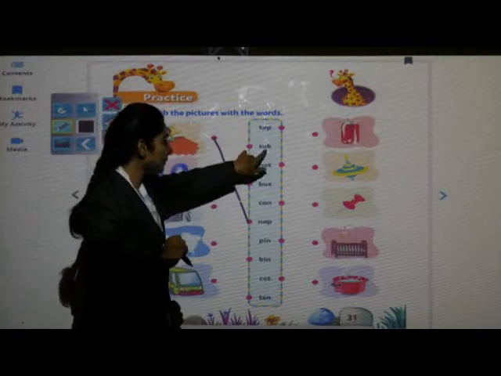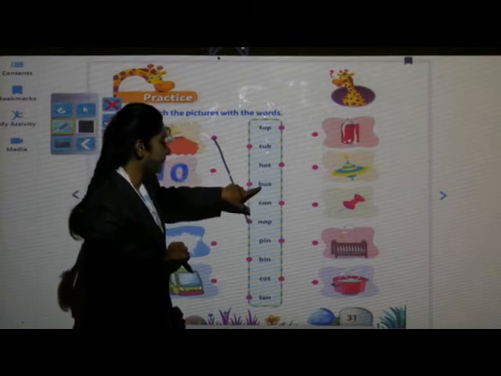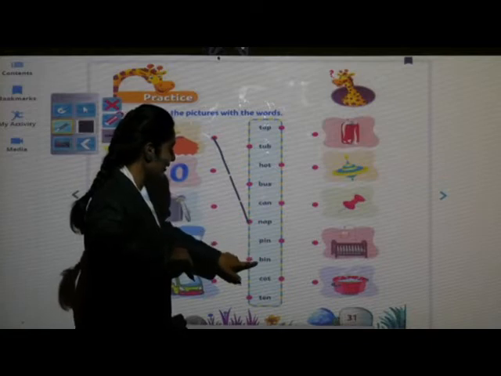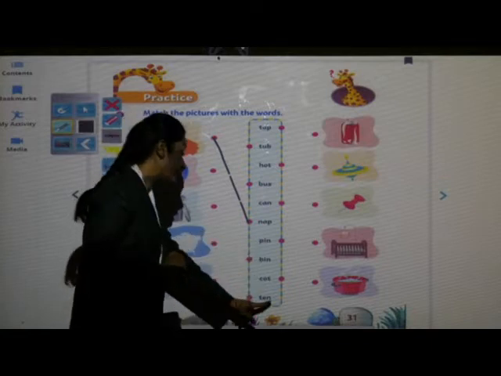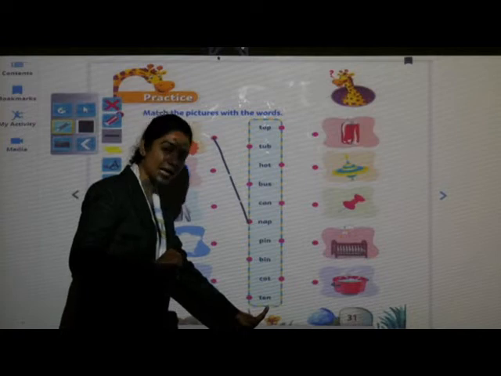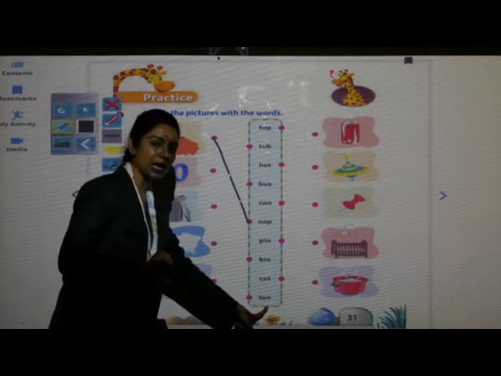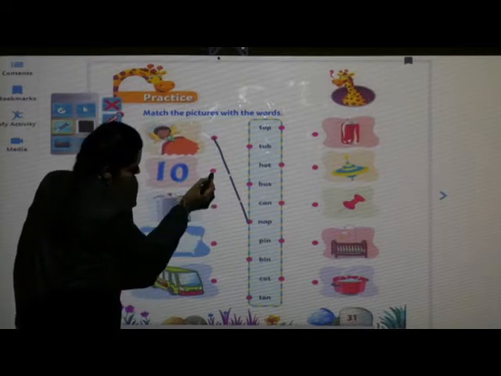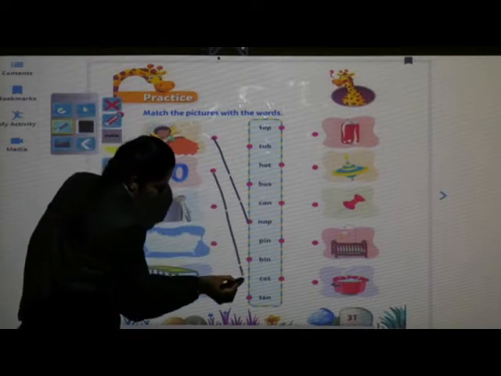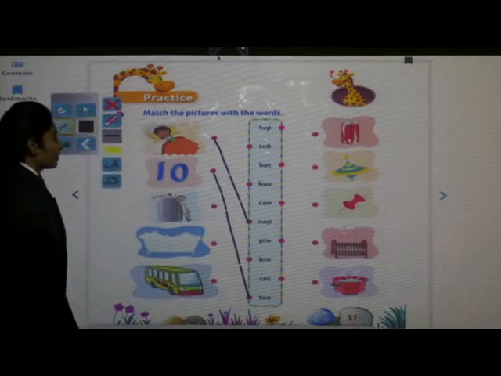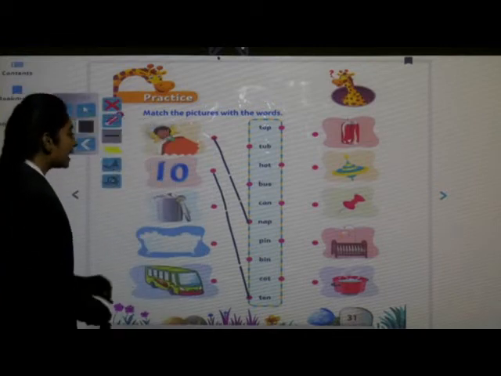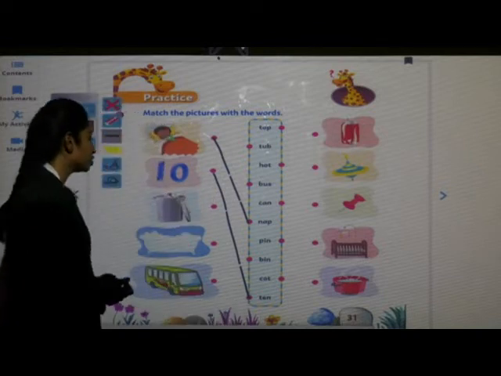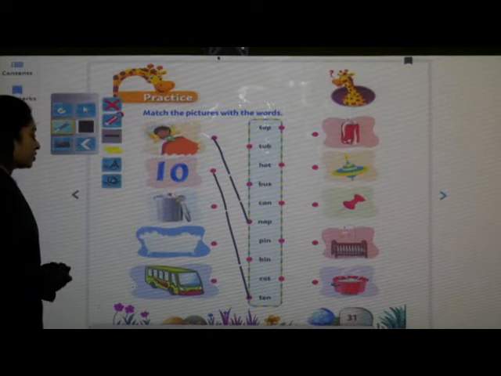Top, tub, hot, bus, can, pin, bin, cot, 10. T-E-N 10. Very good. So what you have to do is, you have to join this. Okay. Can you see these pink color dots? Pink to pink, you have to match it, join it in front of the pictures.